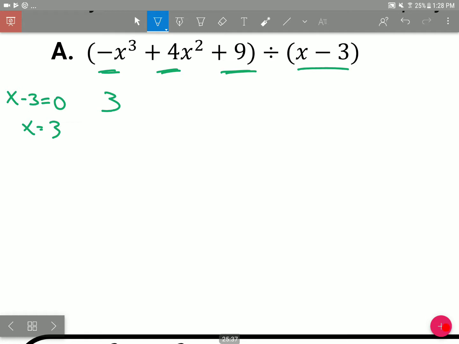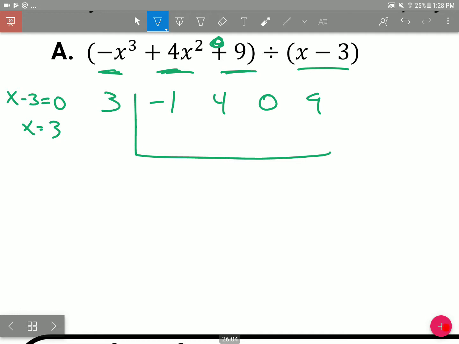Good. There should be a 0 added right there because I got the x cubed, I got the x squared. I don't have the x. So your coefficients are -1, 4, 0, and 9. That 0x really is there. We just don't write it because it's 0. Okay? So we need what we're dividing by and the coefficients. Cool? That's the setup.